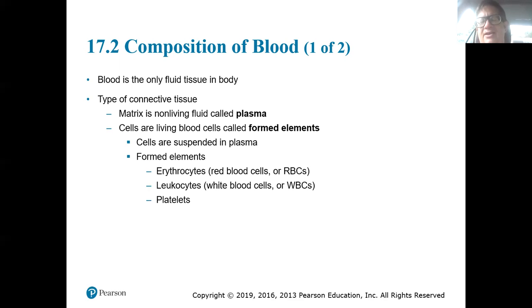So N for neutrophils, L for lymphocytes, M for monocytes, which will grow up to be macrophages. So M for monocytes, E for eosinophils, B for basophils. That's not just the types of white blood cells.